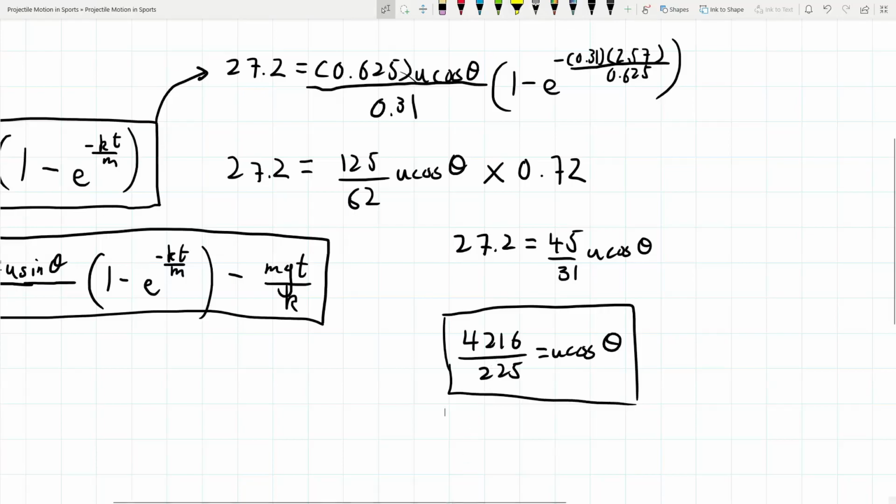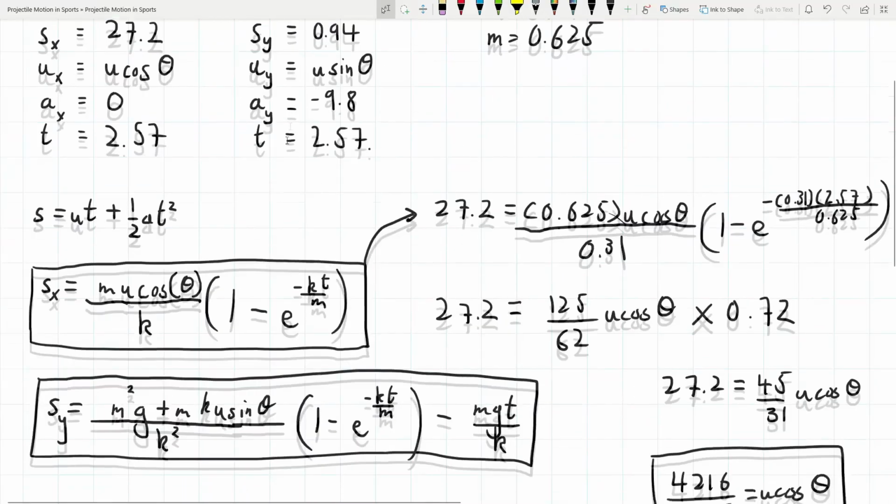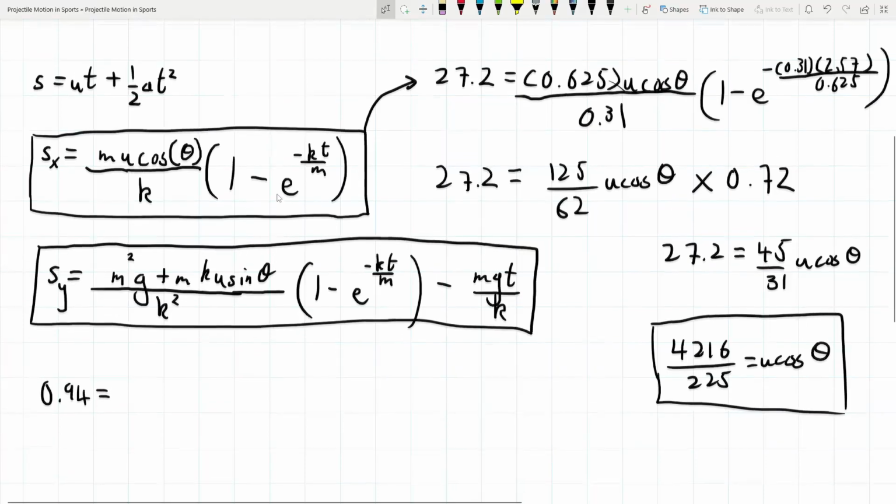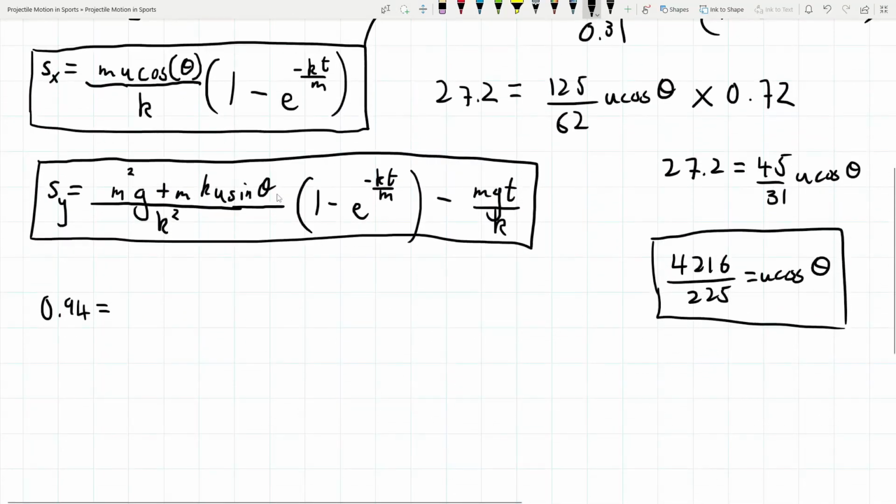Now we're going to get an equation for the y direction. So s of y is 0.94 equals, okay, this is going to be very messy, 0.625 squared.